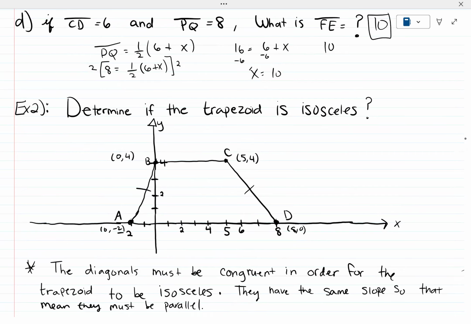So how should we do this? Let's find the length of AC, and then let's find the length of BD.